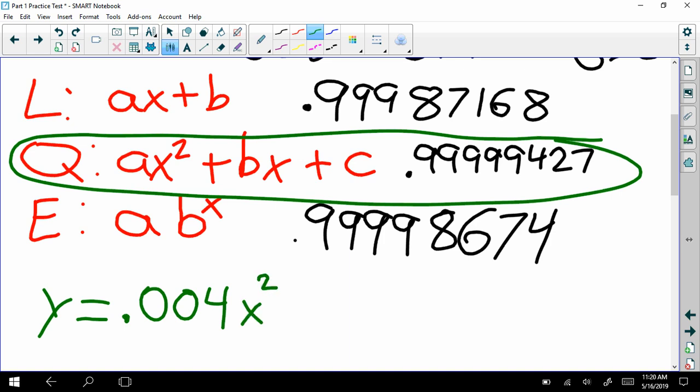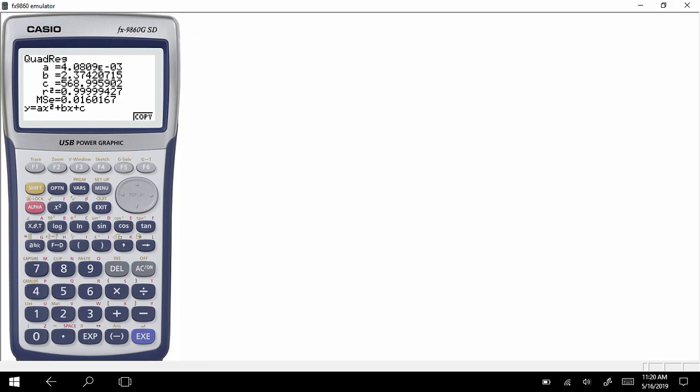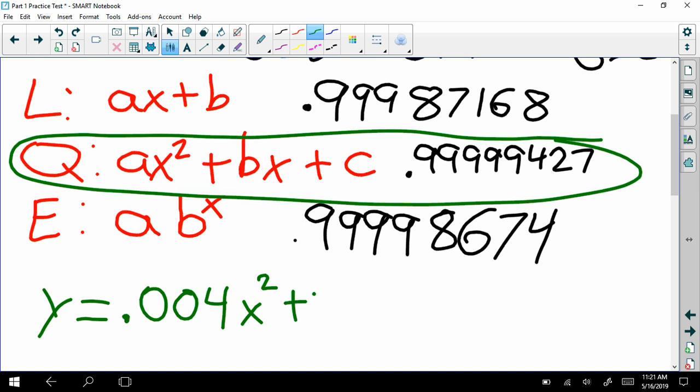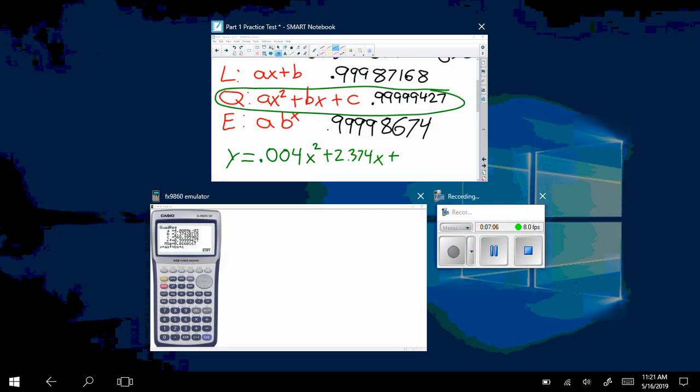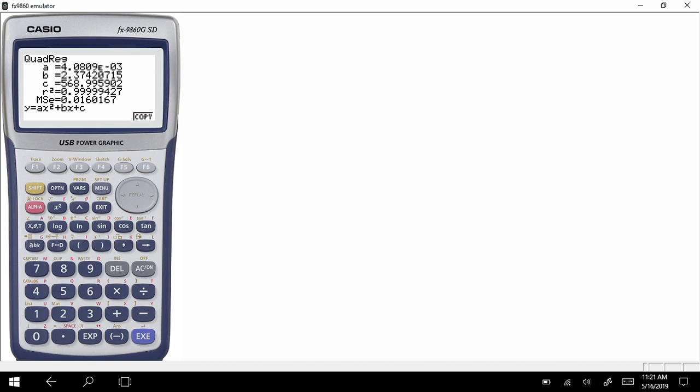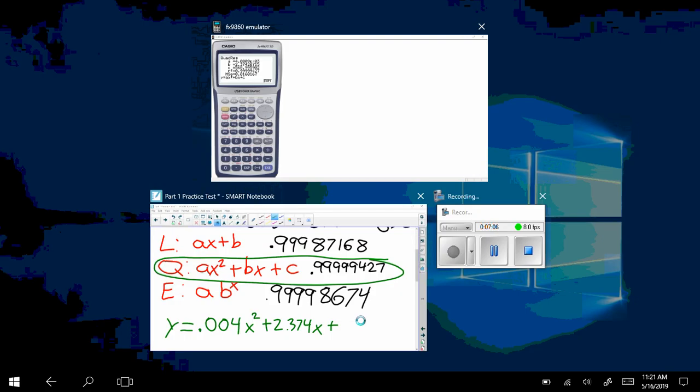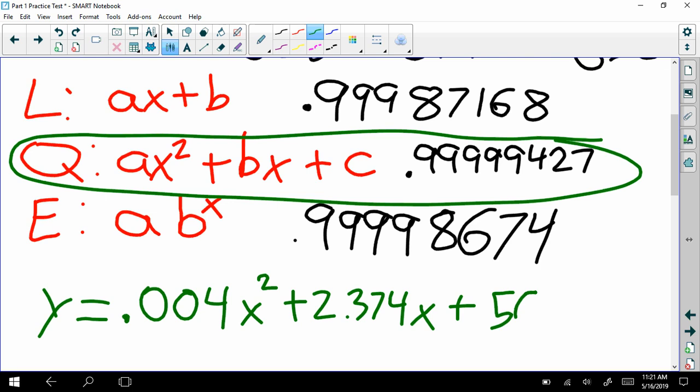X squared, and then plus BX, 2.374. Plus C, which is 568.996. So there's your formula. That's the equation of our regression, quadratic regression.